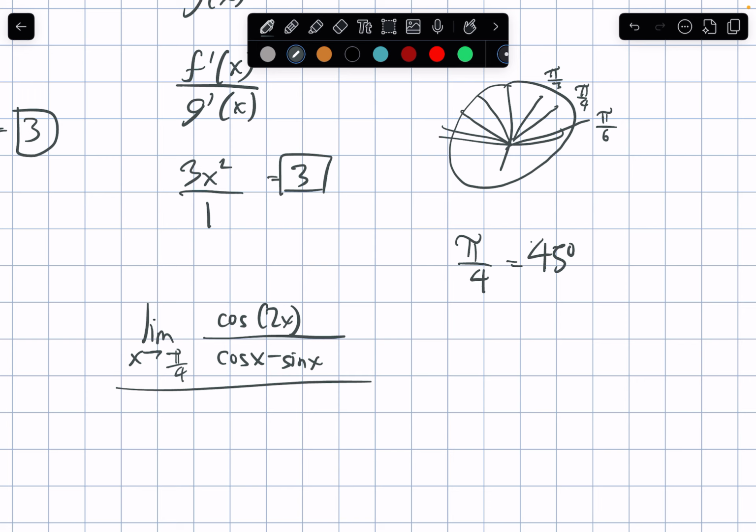So if we direct substitute, cosine 2 times 45, that's going to be 90. And then cosine 45 minus sine 45.